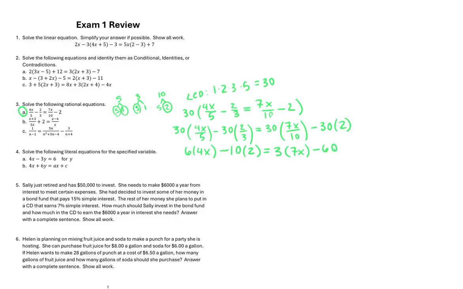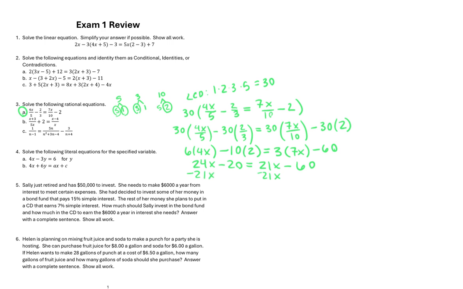Now we just need to multiply out some of our values and combine like terms. So then we have 6 times 4x is 24x minus 20 equals 21x minus 60. Amazing. Okay, so then let's subtract 21x from both sides.